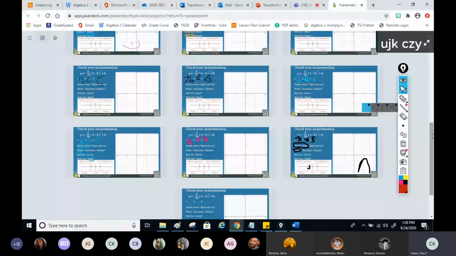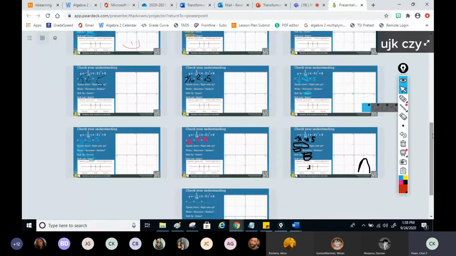And it is going to be really wide, so it's kind of overweight. But before you draw that, make sure you check the vertical and horizontal transformation. Did it shift up or down, left or right? Make sure you got that part as well.